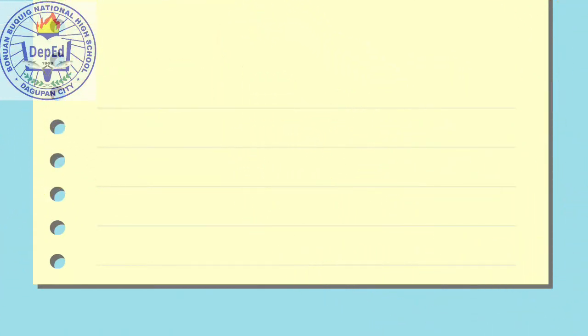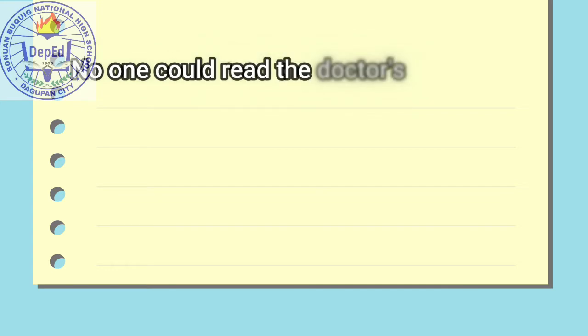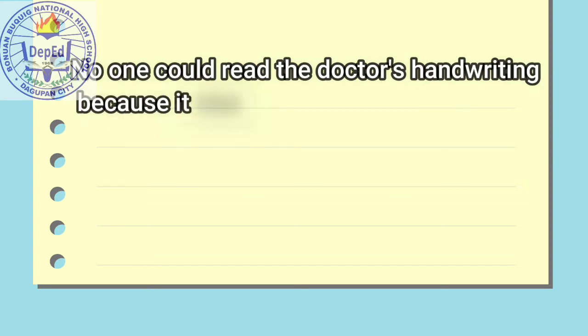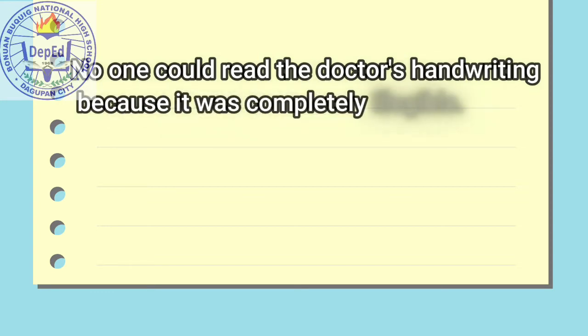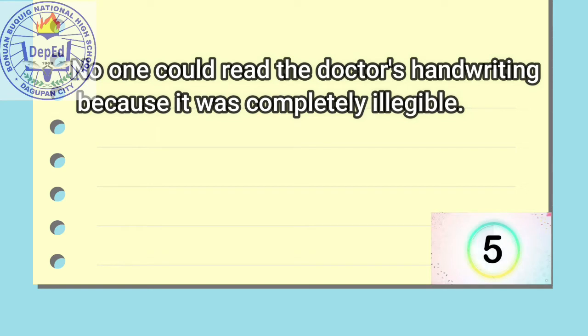Let's take a look at the sentence. No one could read the doctor's handwriting because it was completely illegible. What is the word that seems to be unfamiliar in this sentence? Correct!